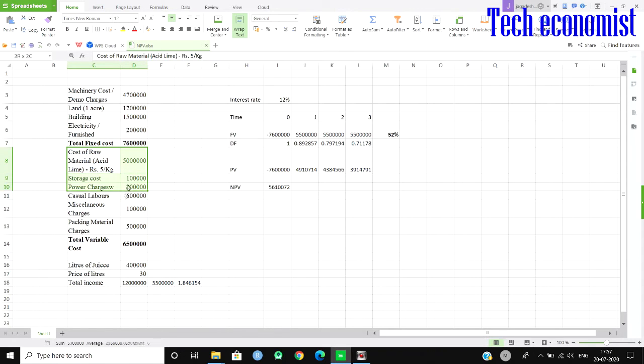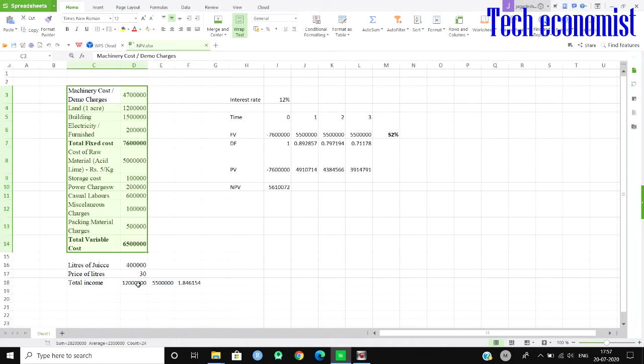In a similar way, I've calculated the total variable cost, which would be occurring in a year. Those are the total expenditure which would be incurred in the project at the time of establishment.